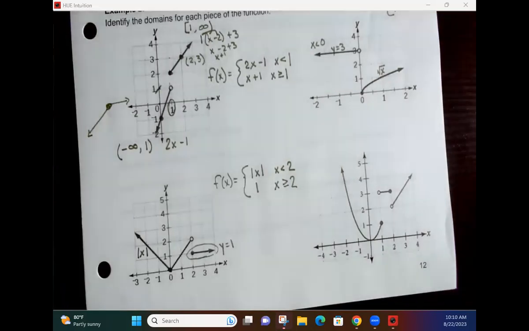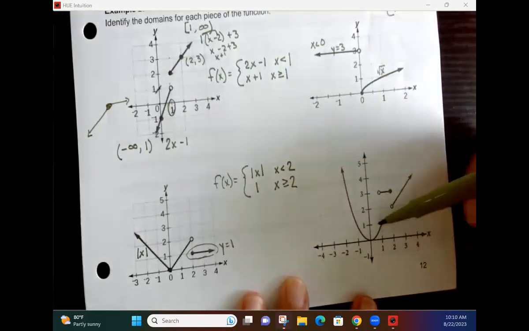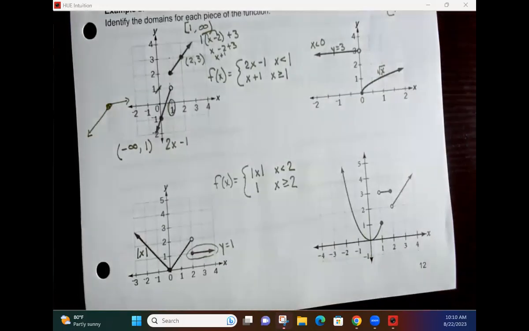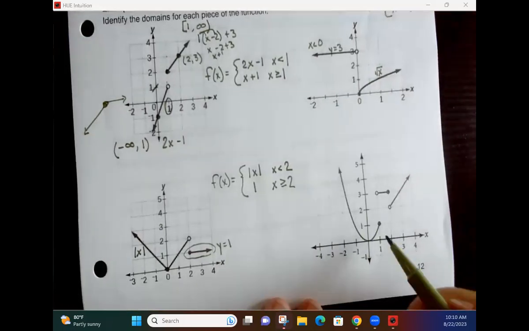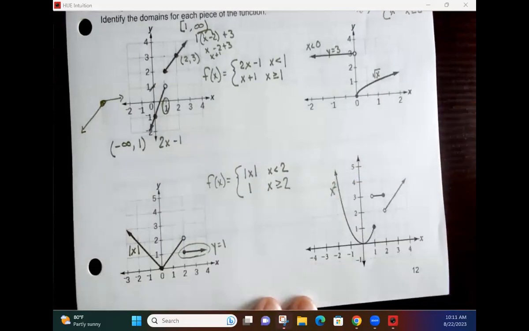Our last piecewise function here is in 3 distinct pieces. So we're going to use 3 distinct functions to be able to describe it. My lowest part of my domain, I should say, is parabolic in nature. This is just the function x squared, right?